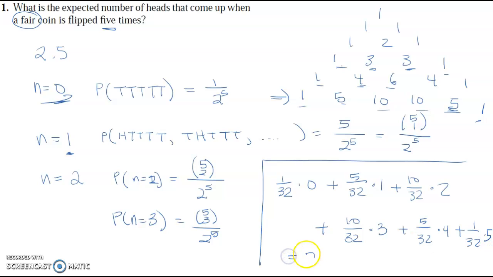If you calculate this, it should give you the number 2.5.